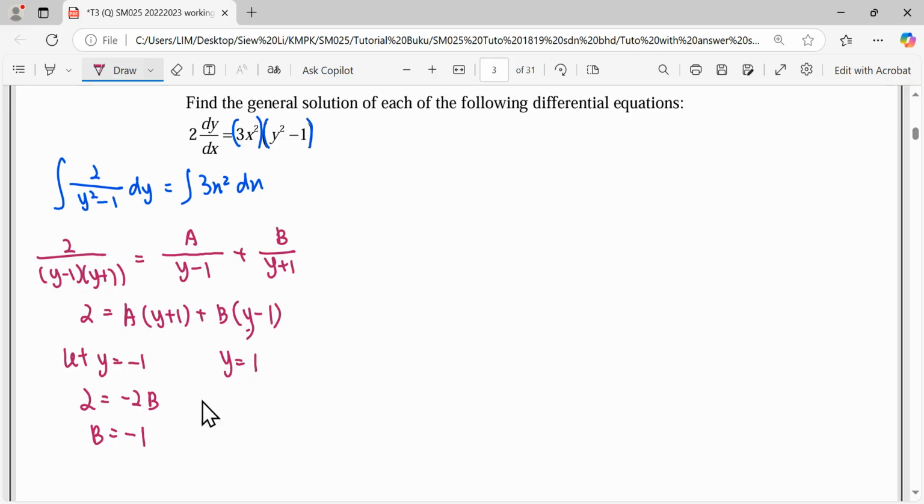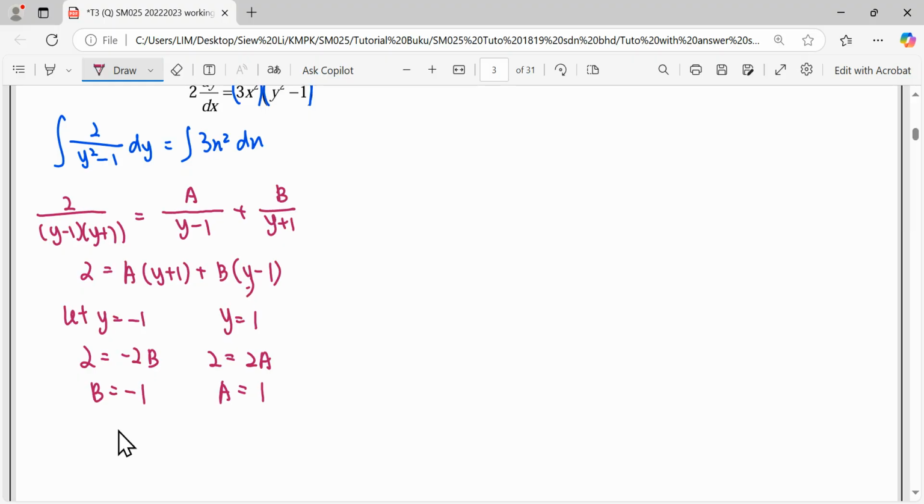When we substitute 1, we get 2A, B is 0, so A is 1. Therefore, our partial fraction can be expressed as 1 over y minus 1 and minus 1 over y plus 1.